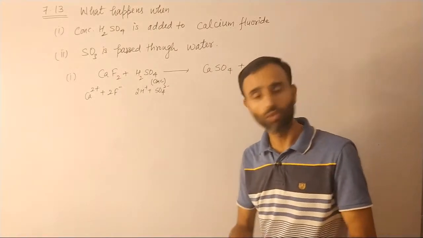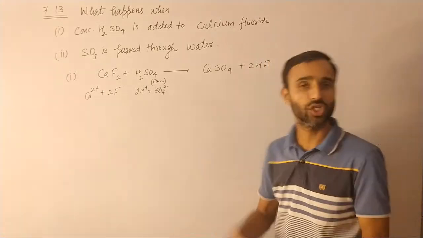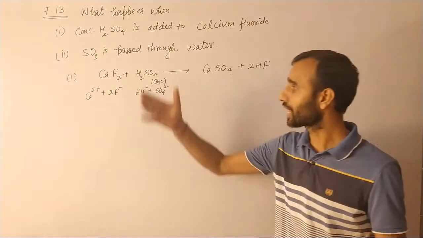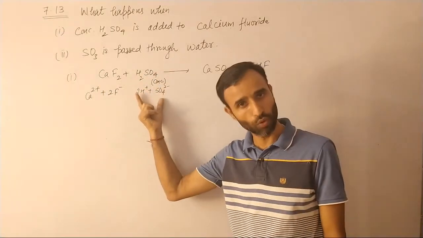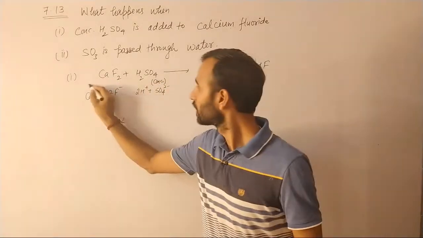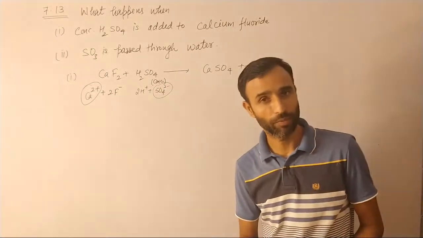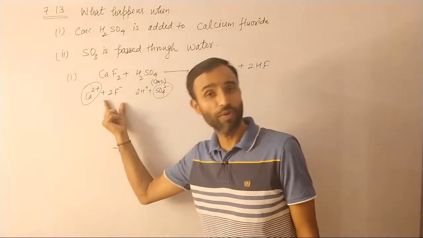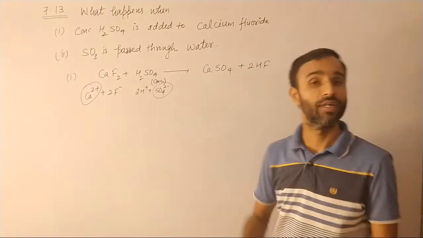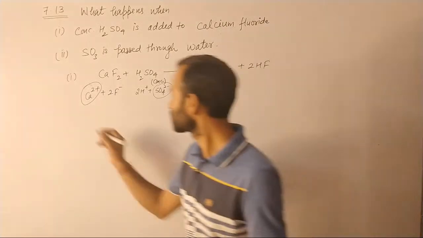Being more volatile, it is easily removed from the reaction mixture and therefore the reaction moves forward. So when calcium fluoride reacts with H2SO4, we get calcium 2 plus, SO4 2 negative and F negative, H plus. They give HF and calcium sulfate. Done.